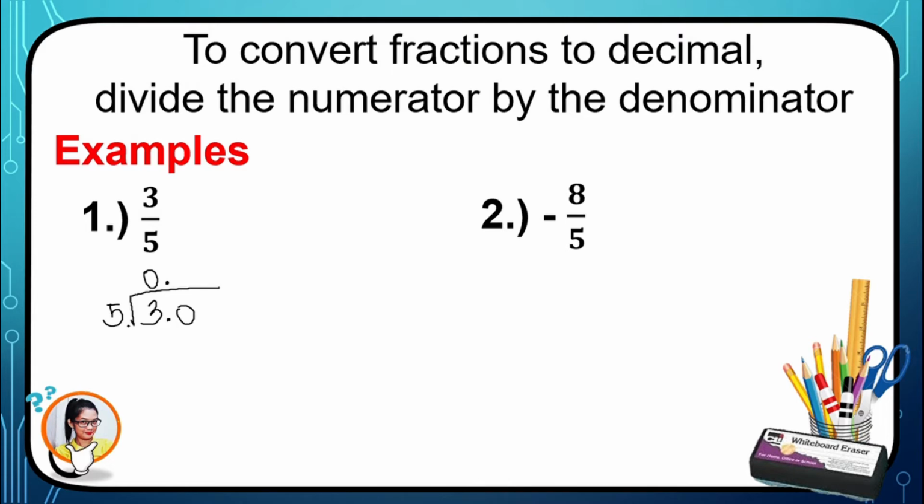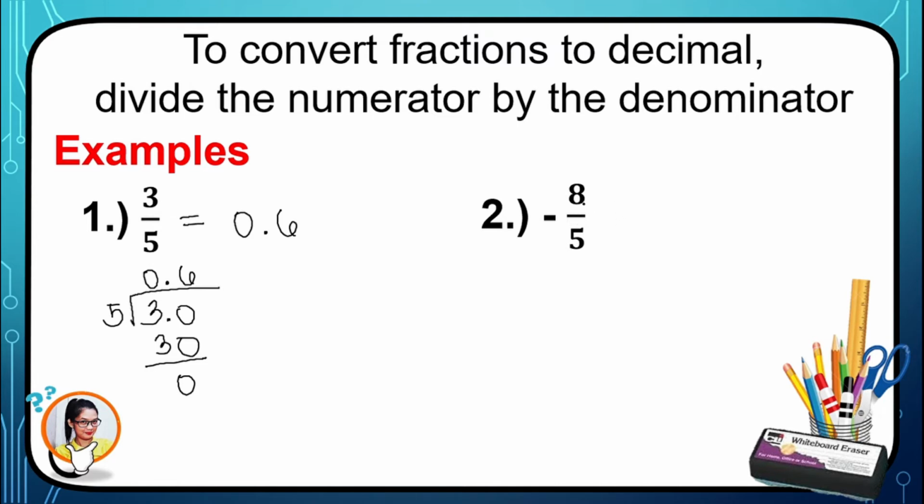From here, 30 divided by 5 is 6. 6 times 5 is 30. If we subtract, the answer will be 0. And therefore, 3/5 is equivalent to 0.6.